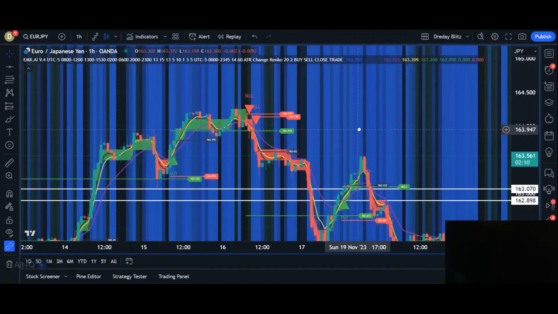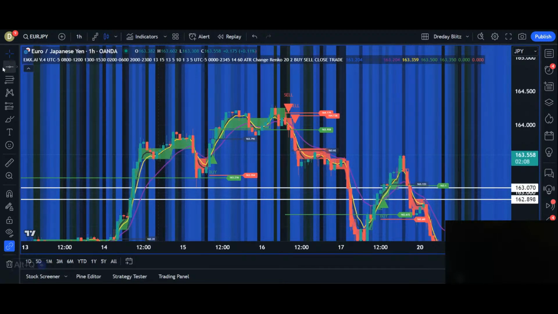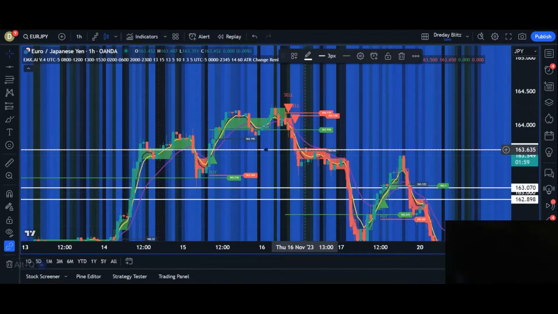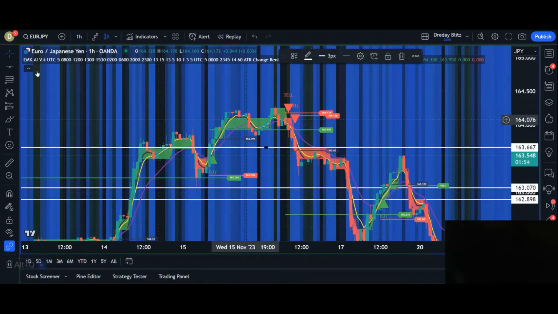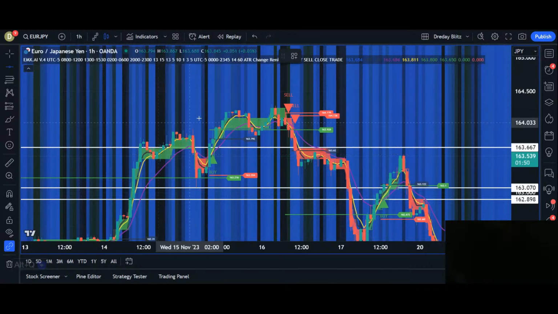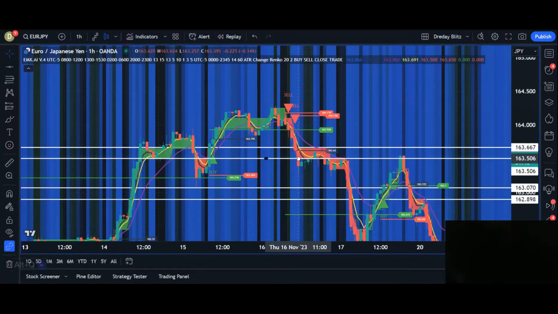You look at the past history of Renko bars, and the price will respect those zones. Every time, it's going to respect the zones. So you're not guessing. You don't know if it's going to be bullish or bearish, the market will do what it needs to do, but you know that the market will respect those zones. It has to.